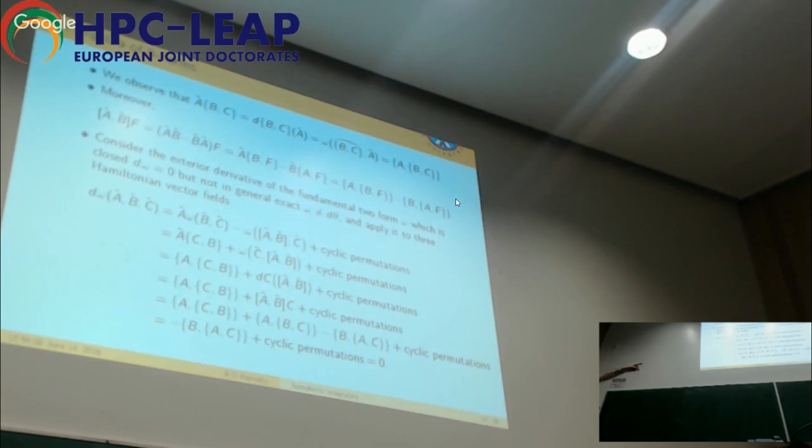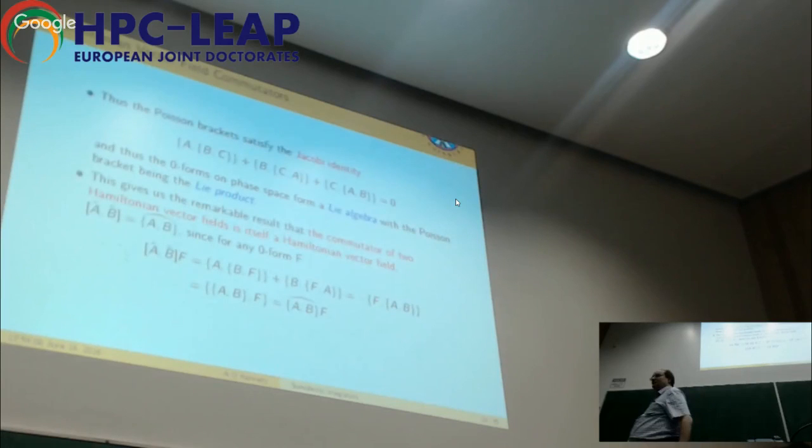So what we've shown is that the sum of the cyclic permutations of these nested Poisson brackets vanishes as an identity. Now, if you go to flat space, you can verify that that's true in terms of Poisson brackets, but it takes quite a lot of tedious algebra to prove it. And remember, this is true more generally, not just in flat manifold. So what we've established is actually rather remarkable, which is that Poisson brackets satisfy a Jacobi identity.